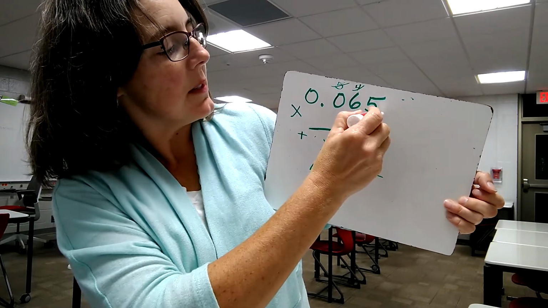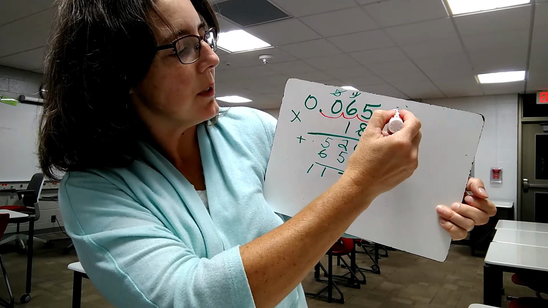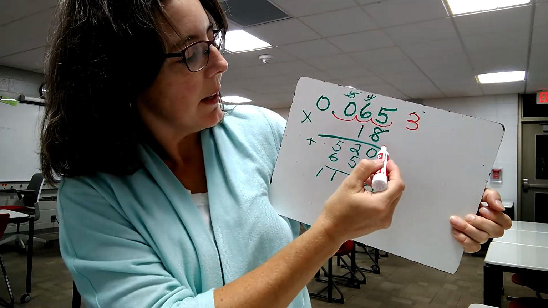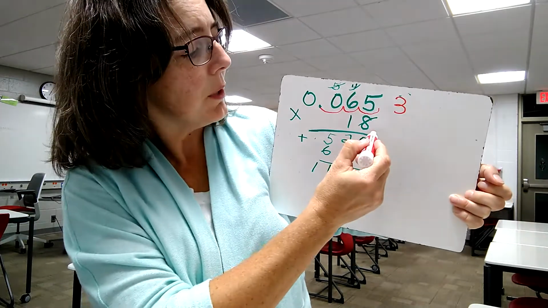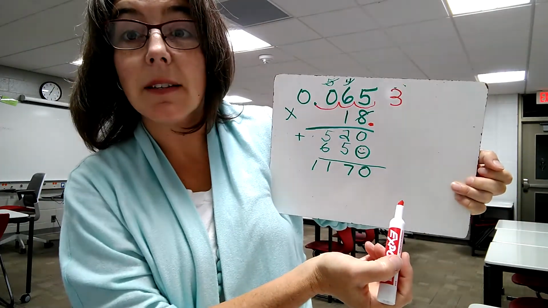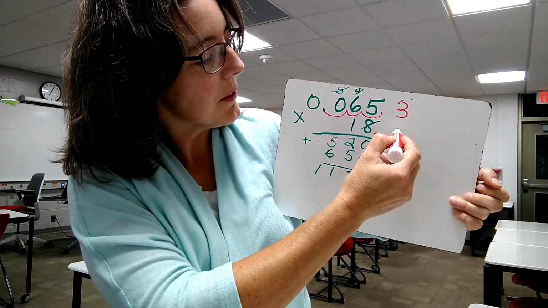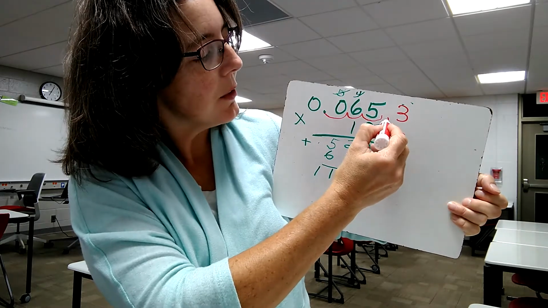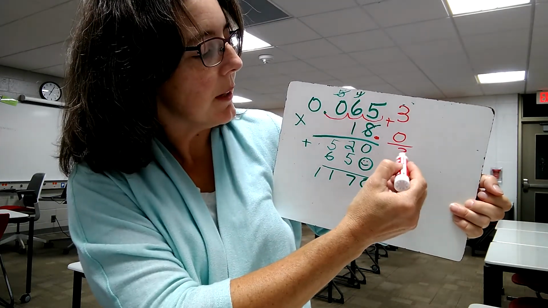How many places did it shift forward? 1, 2, 3. It shifted 3 places to the front. And 18, where's the decimal point? I don't see it. We always know it's in the back. How many places did it shift forward? 0, because it stayed put. So there's a 0. If we add those numbers of shifts together, we end up with 3.